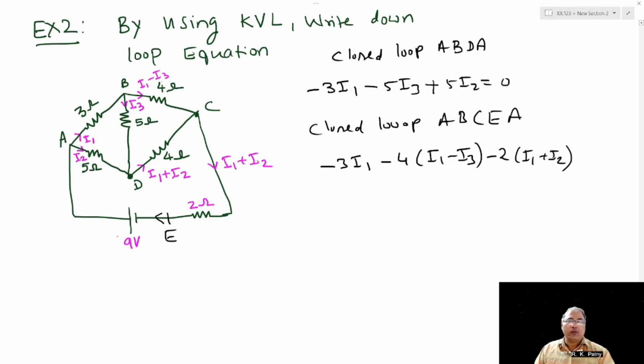We are moving from lower to higher potential, plus 9 equals 0.